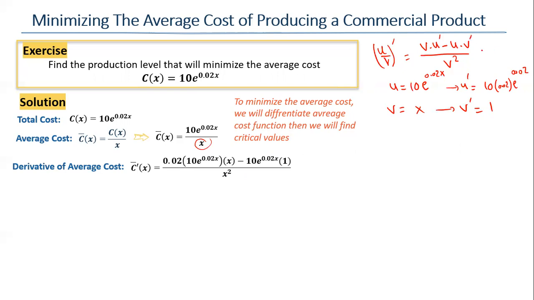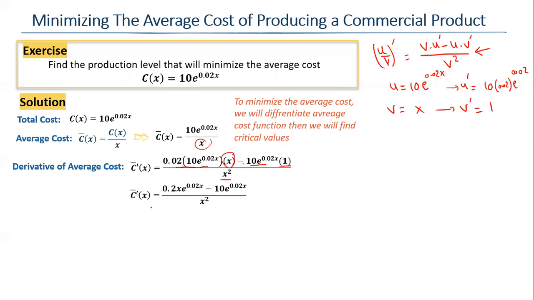We'll apply the quotient rule: v times u prime minus u times v prime over v squared. Okay, easy.